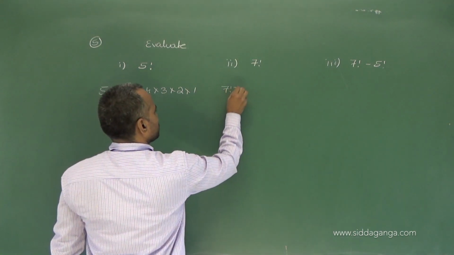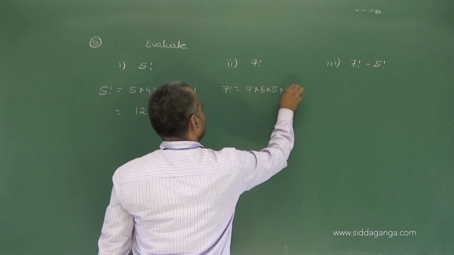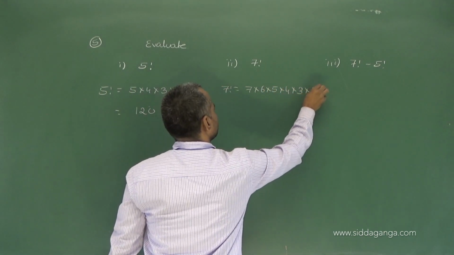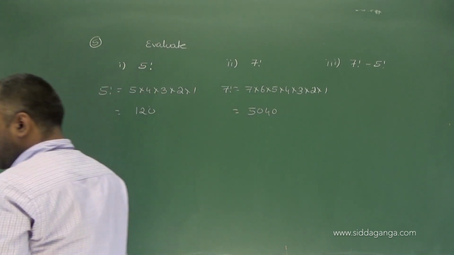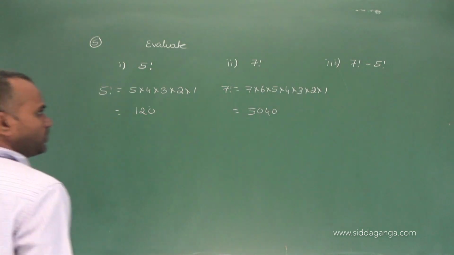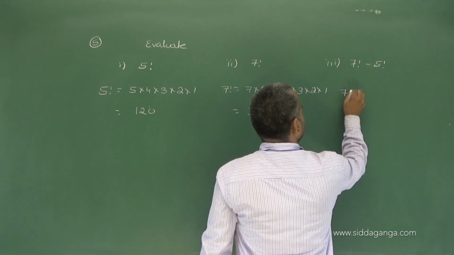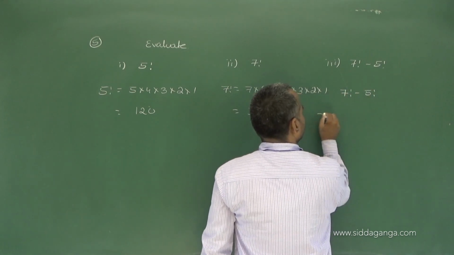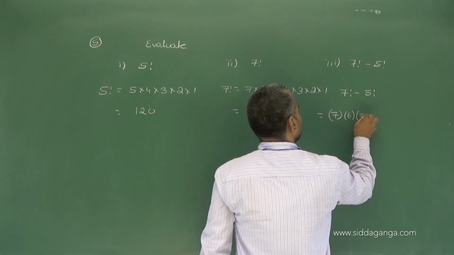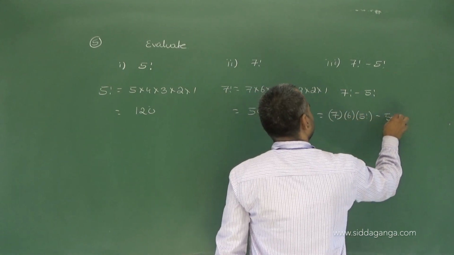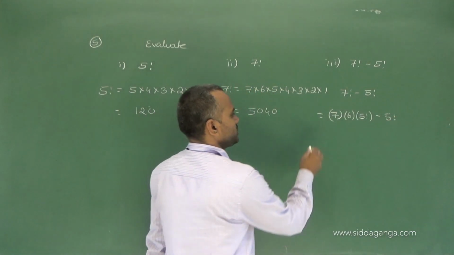7 factorial is 7 into 6, 5, 4, 3, 2, 1, which is 5040. Correct? Now 7 factorial minus 5 factorial is 7 into 6 into 5 factorial minus 5 factorial.